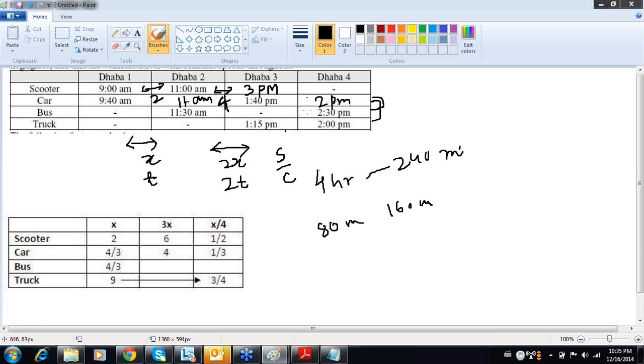So it will be only 2 p.m. That is possible here. Got it, everybody? Everybody clear till now?